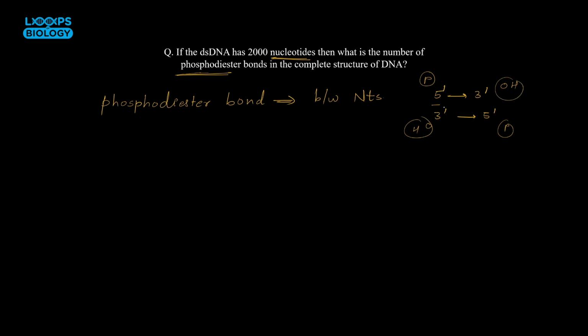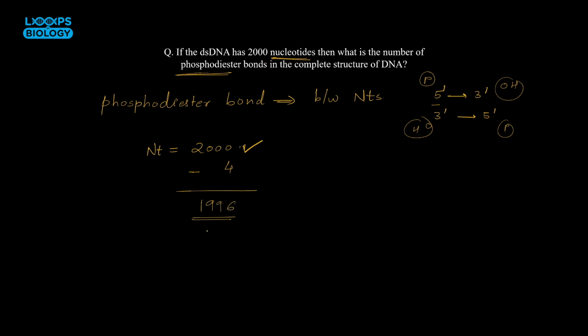So they are not forming any kind of phosphodiester bond, right? They have given us the nucleotide number as 2000. Out of this 2000, if we eliminate 4 of these nucleotides, then the answer will be 1996.